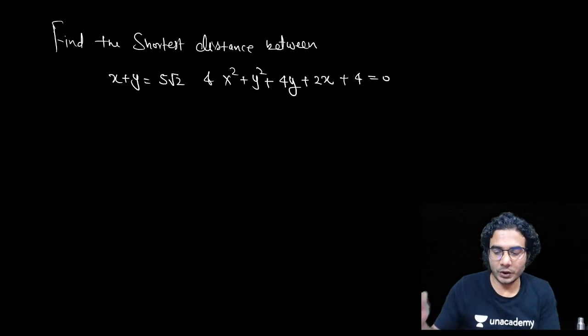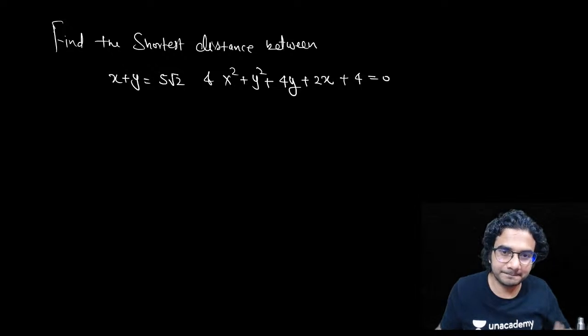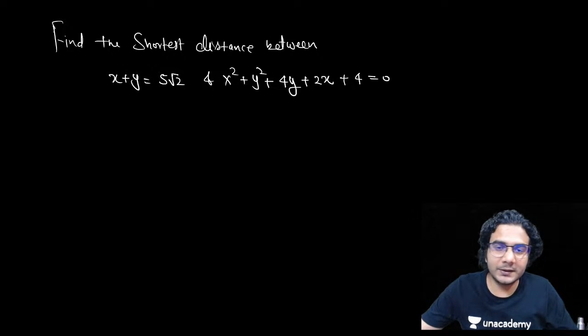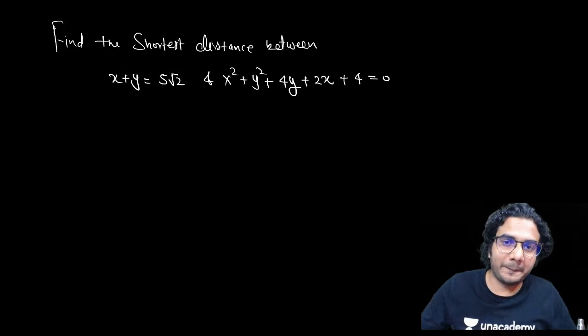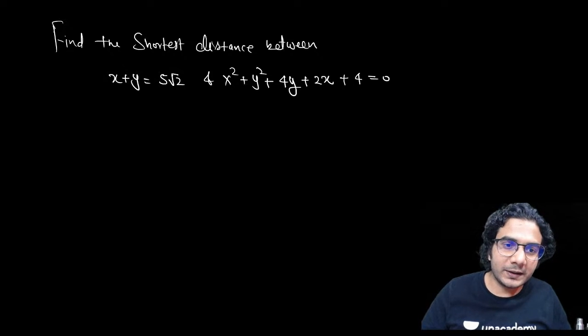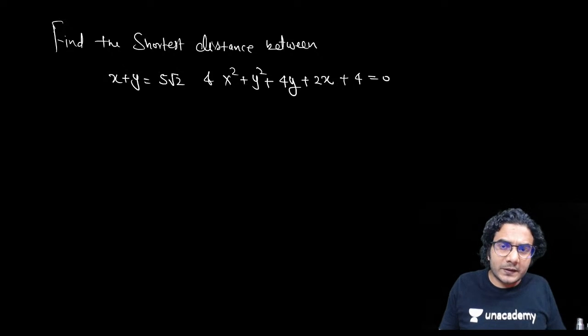Okay, shortest distance between these two curves. Oh yeah, I'm giving you an extremely easy problem. In this you don't need to do any calculation, by the way. No calculus will be used in this. Okay, you try it first of all to get a feel.